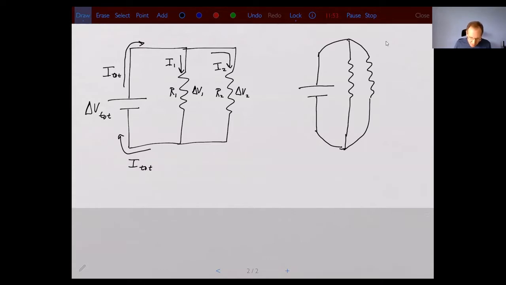All right, so what's true about this parallel circuit? So again, right on top, this is a parallel circuit. One thing that's true is that the voltage drop across the battery and across each of those resistors is exactly the same.